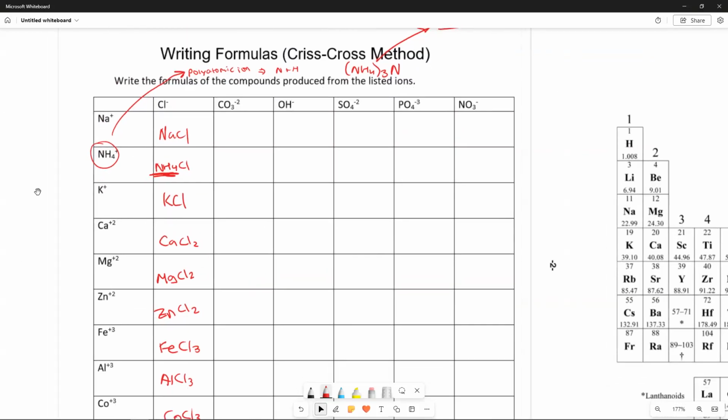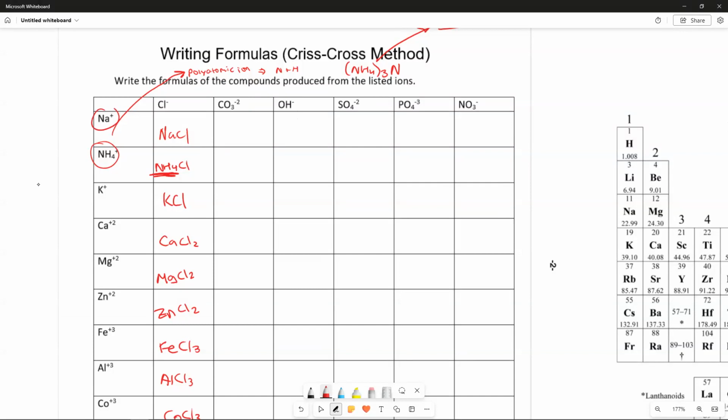Alright, let's move on to the second row, or second column. So sodium here, this time we have a plus 1 charge, and then we have this polyatomic ion similar to NH4. This is called a carbonate polyatomic ion.